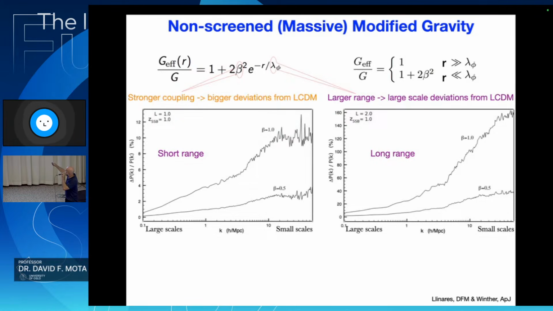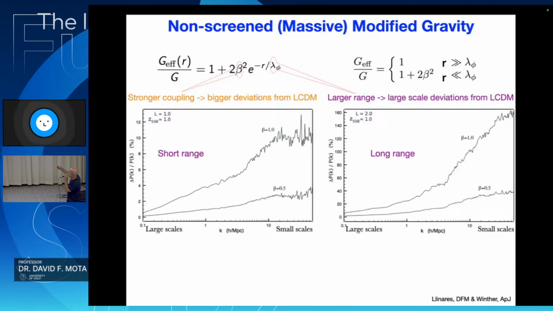So now if I compare a long-range force, here is the same strength, beta equals 1, beta equals 0.5, but now the difference between this plot and that one is that this is a long-range force, a 2 megaparsec range. The range of the fifth force is 2 megaparsec, so it's a lighter field. And here it is just a 1 megaparsec range. And you can see now that deviations from lambda CDM become much, much larger.